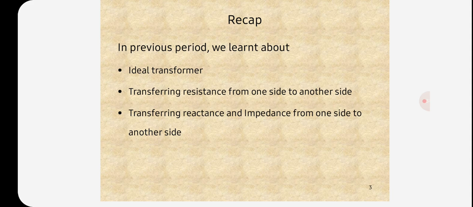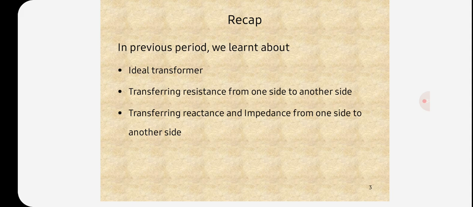However, the magnitudes of E1 and E2 are proportional to the rate of change of flux and the number of turns on the primary and secondary. In the vector diagram of an ideal transformer on no load, since flux phi is common to both primary and secondary, it is taken as the reference vector.